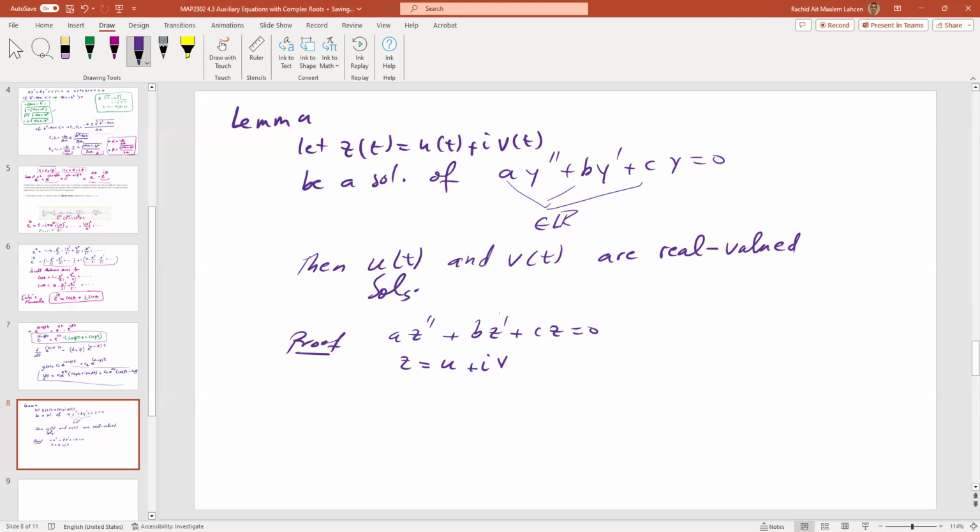Yes. So I recommend you try it. Of course, you take a second derivative, you take the first derivative, you replace them here. Then this is just z as it is. Then you will collect the real parts and you get something like this, of course.